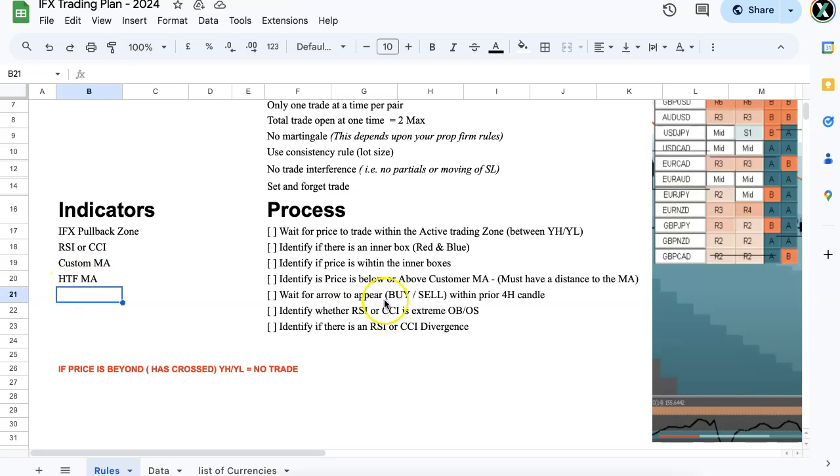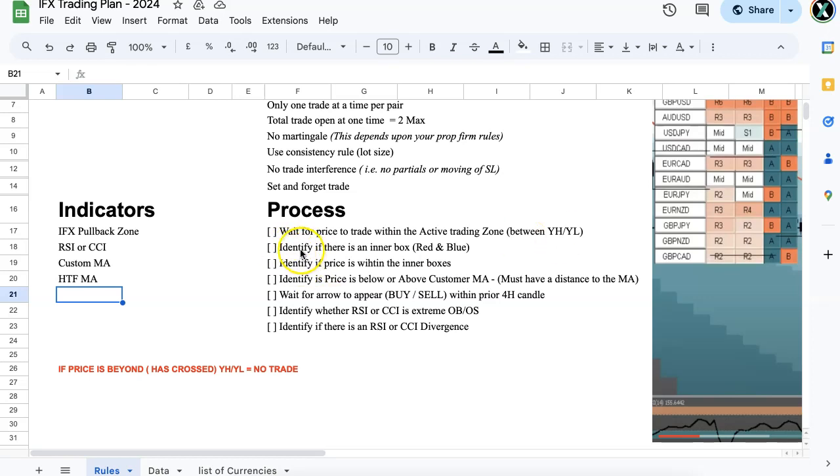So what is the process in here? The main thing is that we understand that we have an active trading area, which is pretty much between yesterday's high and low, okay? That's the main area where we're going to take trades, inside between yesterday's high and low.